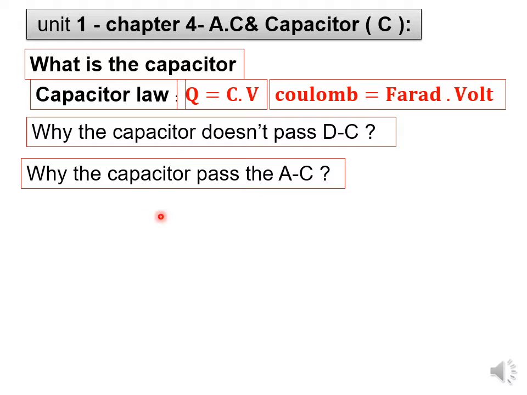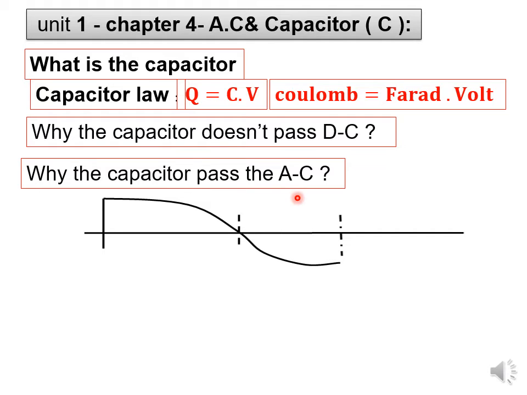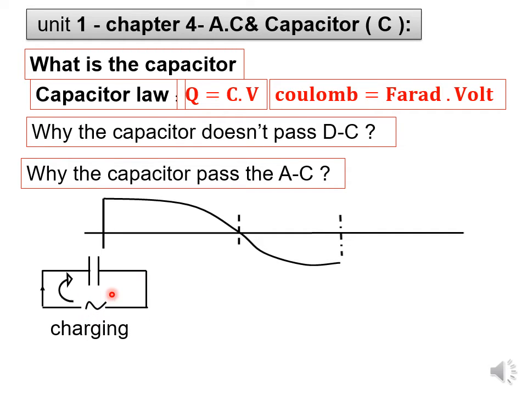طيب why بقى the capacitor passes the alternating current? At the beginning, when the potential difference of the source is high, the electric current passes from the source to charge the plates of the capacitor.